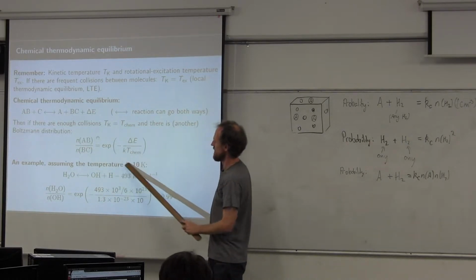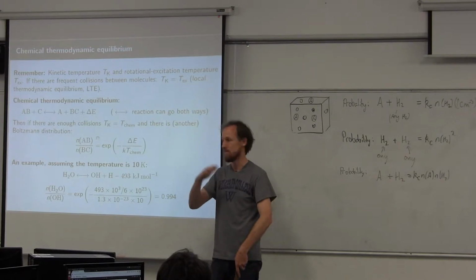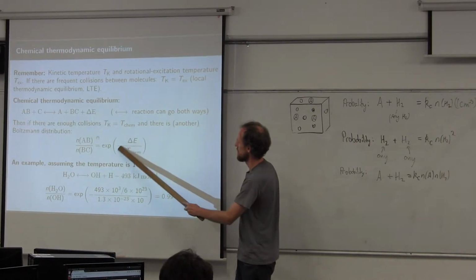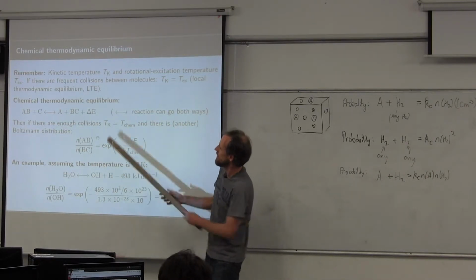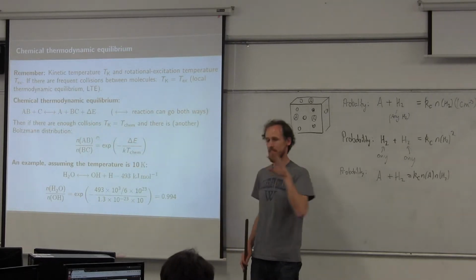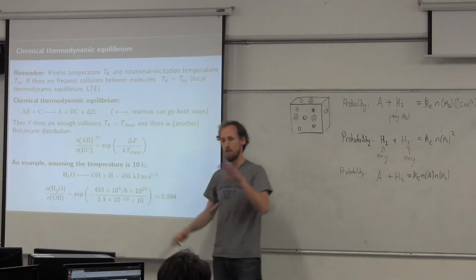And if it turns out that's greater than 1, then you're going to have a large amount of AB versus BC. If this is a positive number, then this becomes a negative term, and the reverse happens. You have a lot of BC rather than AB. So if it's endothermic, then you have a negative delta E, and this means you're going to have a larger fraction on the top than the bottom.